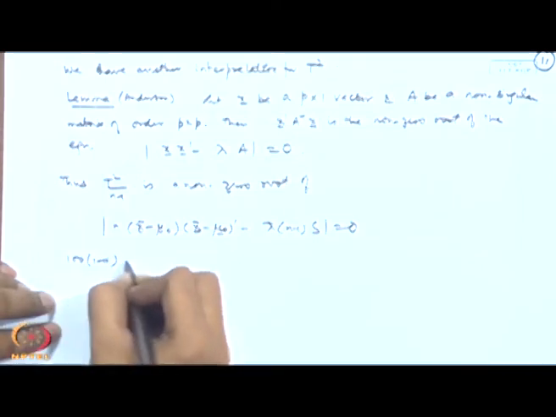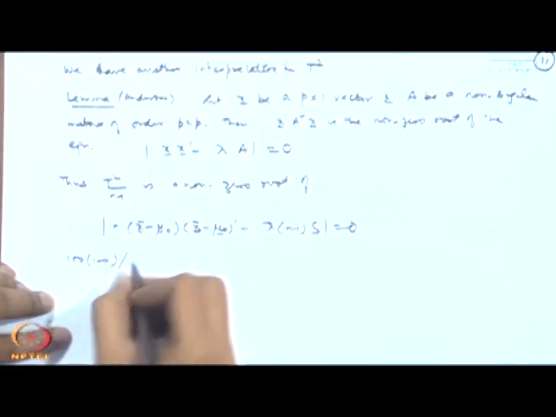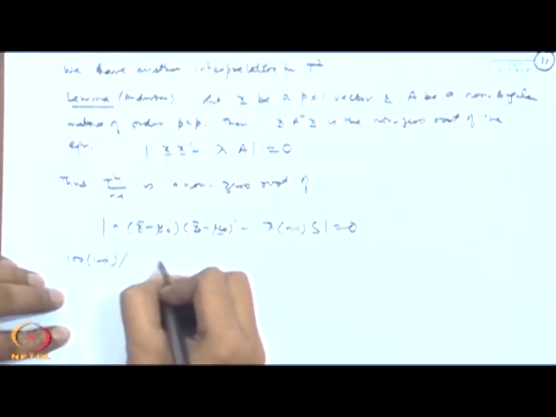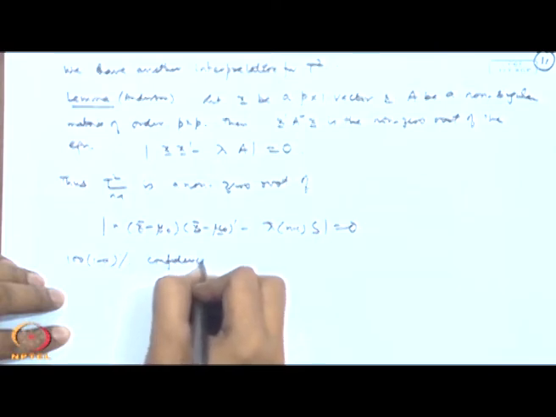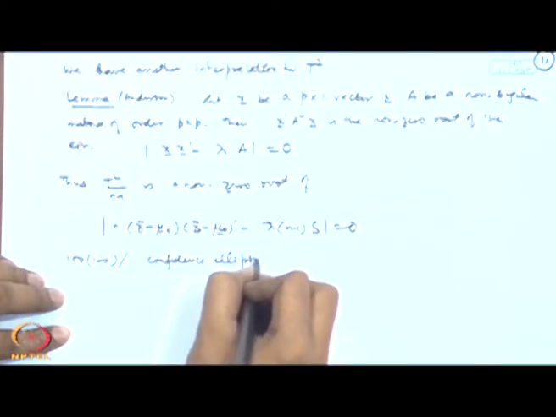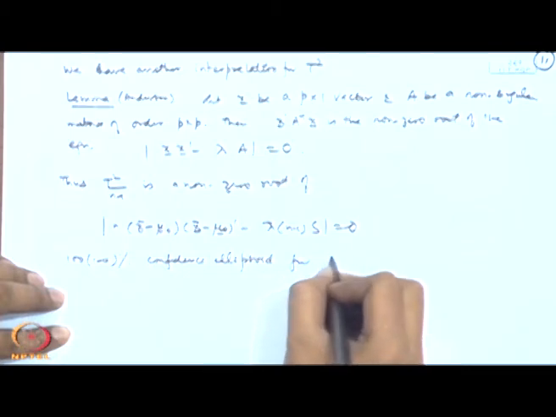Similarly, the 1 minus alpha confidence region. So, here we will have 100(1 minus alpha) percent confidence ellipsoid for mu.